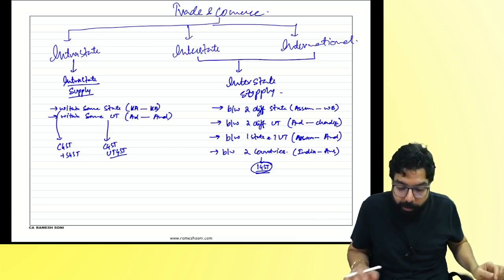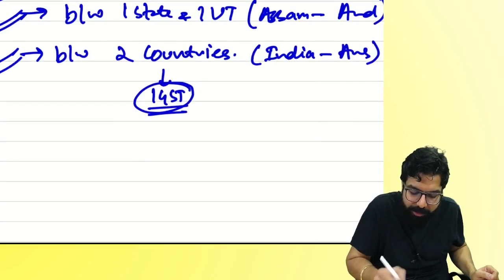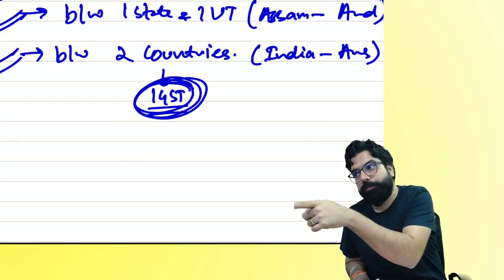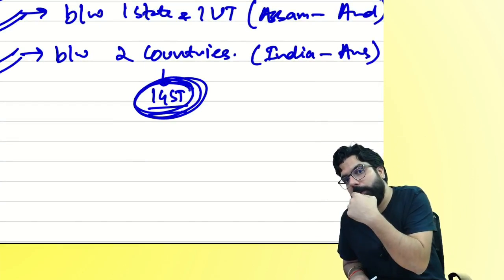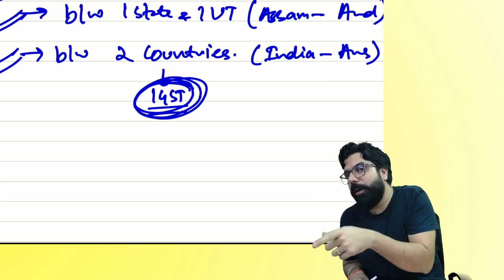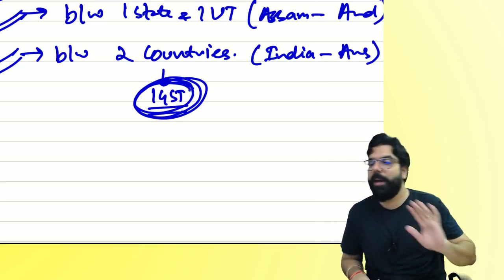Now, whenever a transaction happens between two different states, two different UTs, one state and one UT, or two different countries, what will we always charge? IGST. Now, sir, you just taught the dual model. Correct or not? What is the dual model? Center and state both will get. Sir, now who will get IGST? I'll come back to it.